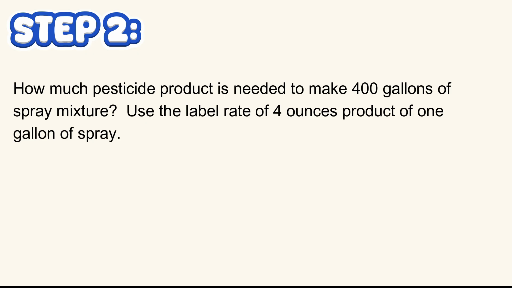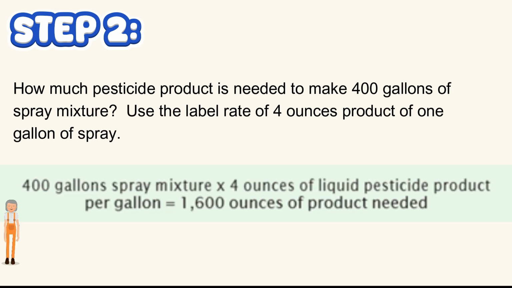Keep in mind, this is not a label that's telling us to reduce the amount of water we use by the number of ounces added to the product, so we're going to add the full 4 ounces of product to 1 gallon of water. Now, we're going to take our 400 gallon spray mixture and times it by 4 ounces of liquid pesticide product per gallon. This will equal 1,600 ounces of product needed. This will conclude step 2 of our process.